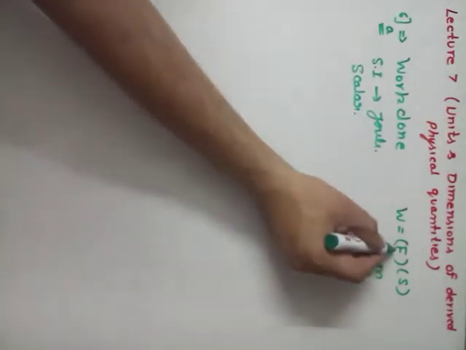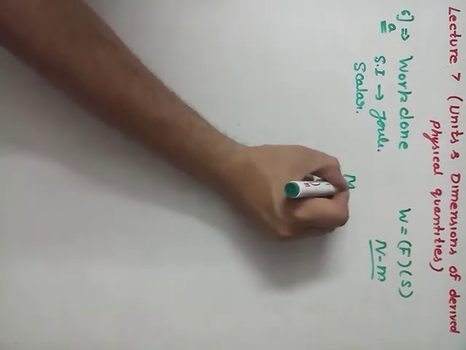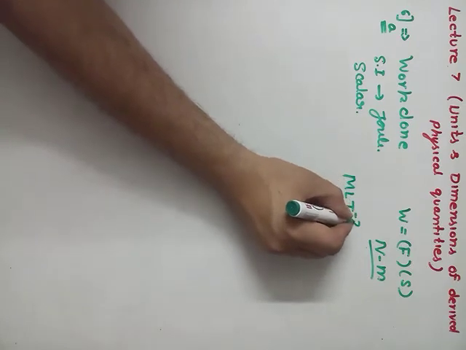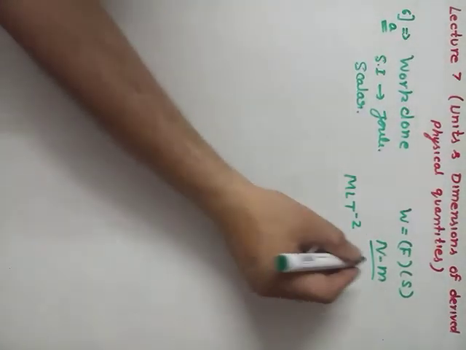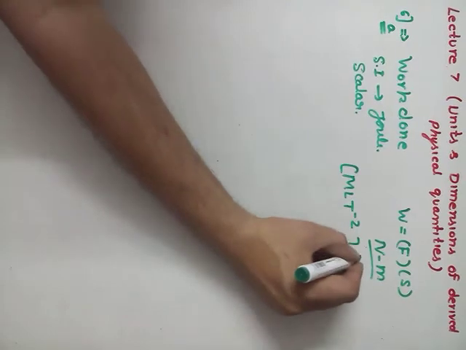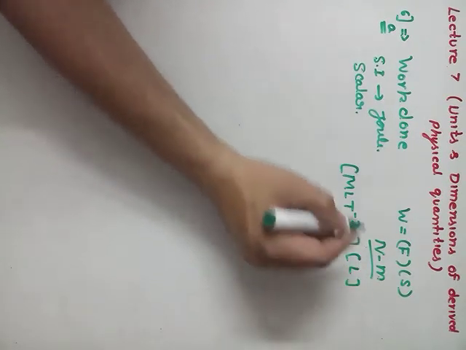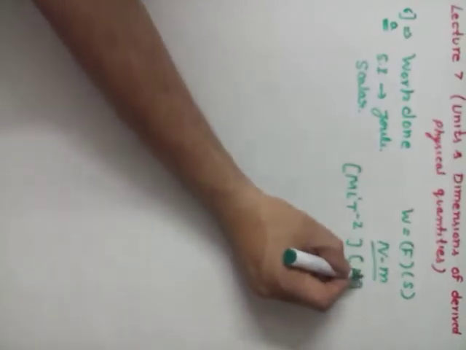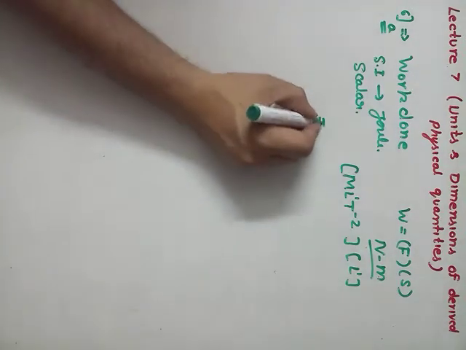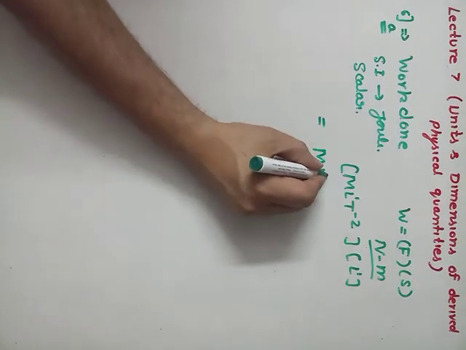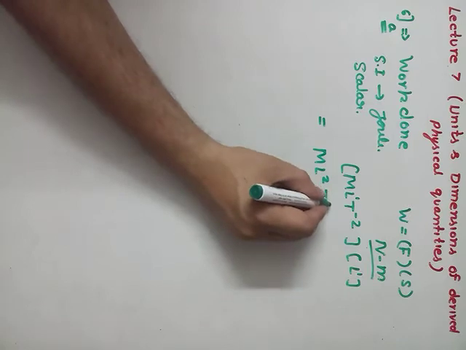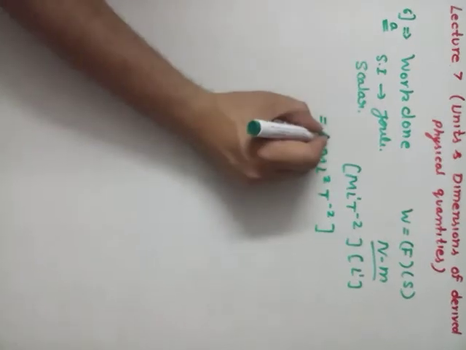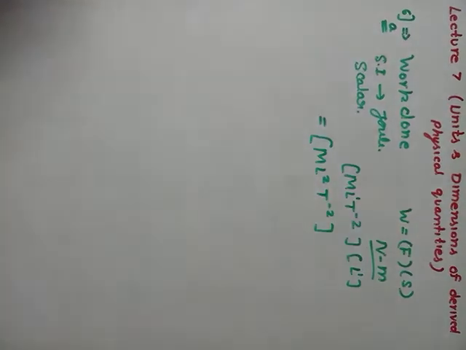What are the dimensions? The dimension of force we have done just now, MLT^-2, and that of displacement is L. Now this power 1 and this power 1 simply add and give power 2. Therefore we have ML^2T^-2. This is the dimension of work done.